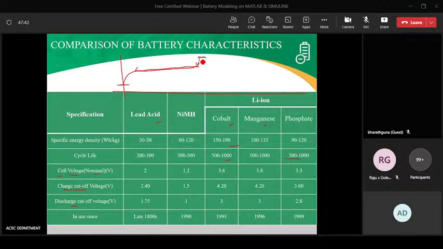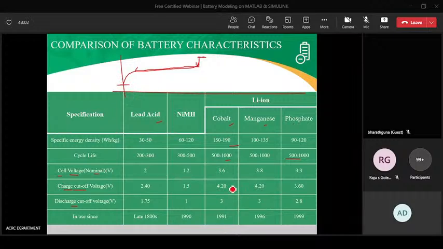If the battery voltage reaches this voltage, the battery should be disconnected. And if the battery voltage reaches this lower point, the battery should not be discharged below it, otherwise the battery will go into deep discharging.